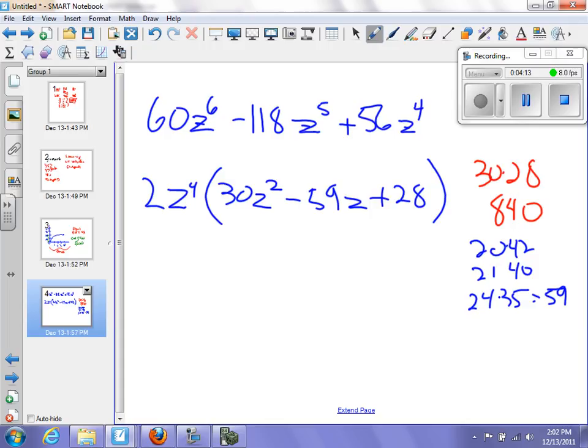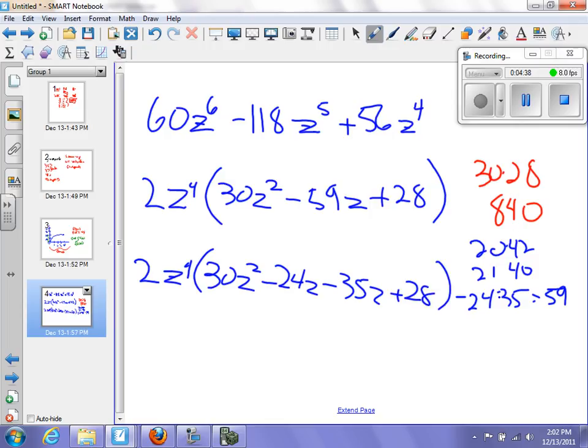Questions? Okay, so now I still have my 2z to the 4th, and I have my 30z squared minus 24z minus 35z, because they both actually have to be negative, because I have to get a negative 59z, plus 28. So I'm going to group these like that.